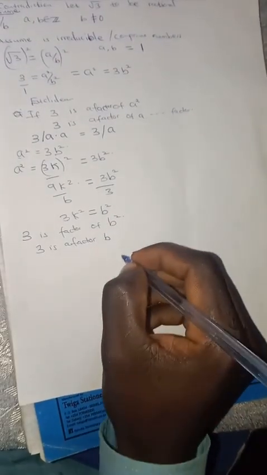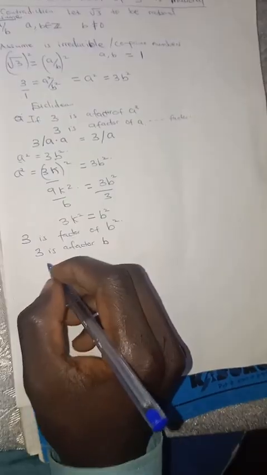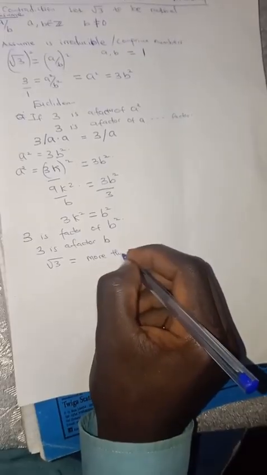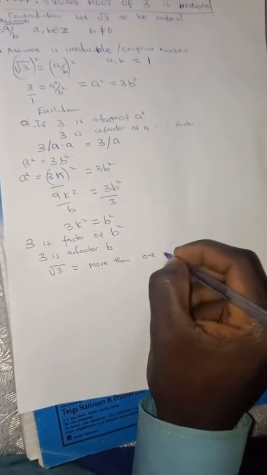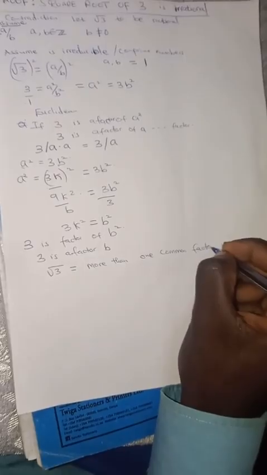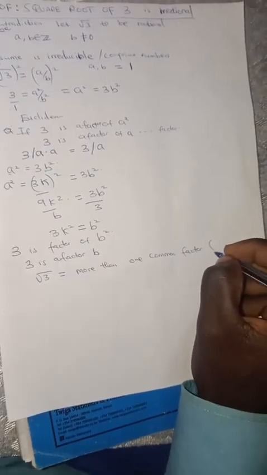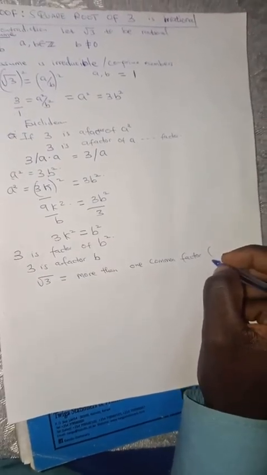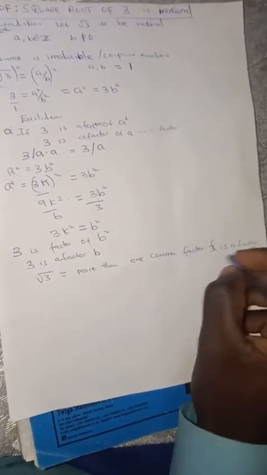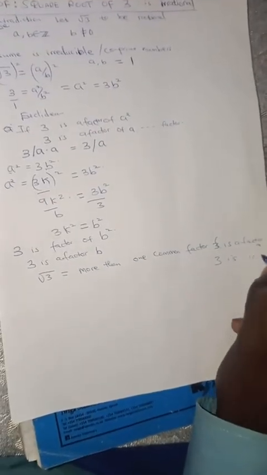This is a contradiction, because 3 is a factor of a, and 3 again is a factor of b.